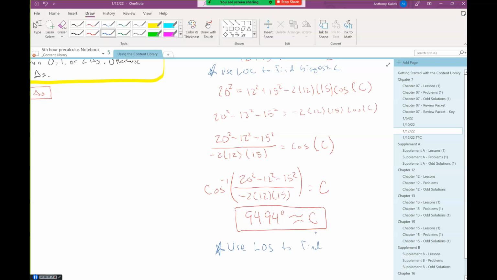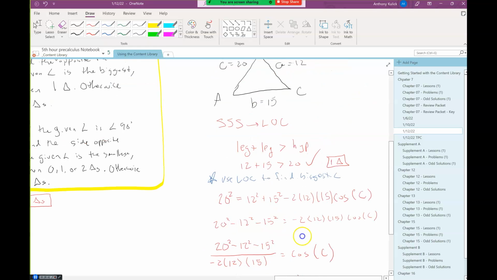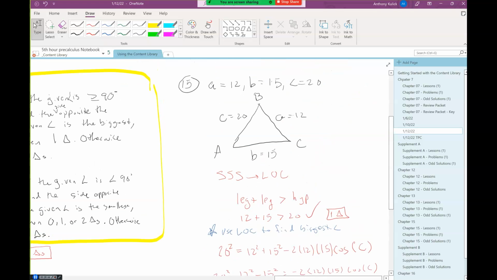To make sure that we avoid a possible SSA situation, which angle do I want to solve for next? Angle A or angle B? I want to find angle A next because it's going to be the smaller of the two.